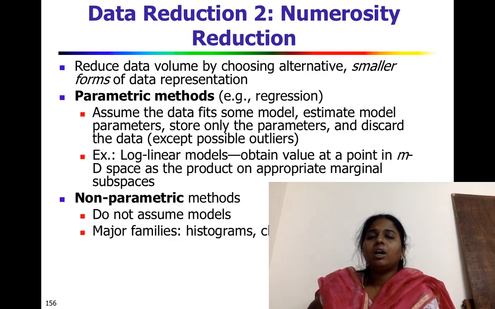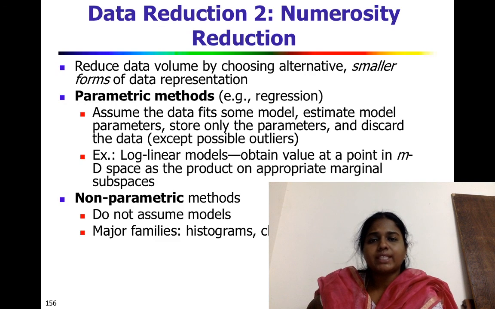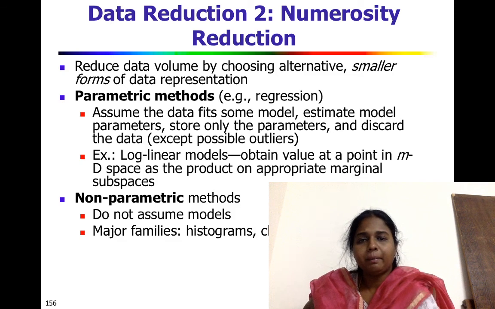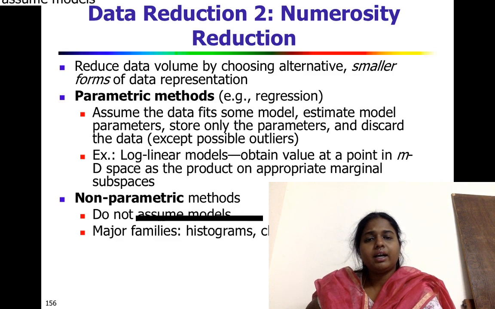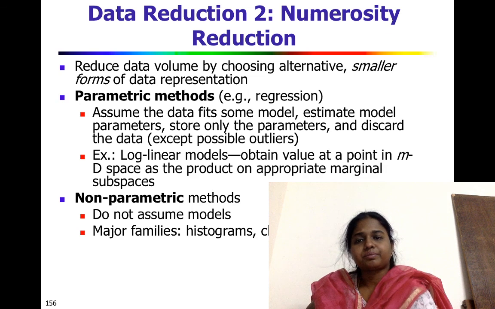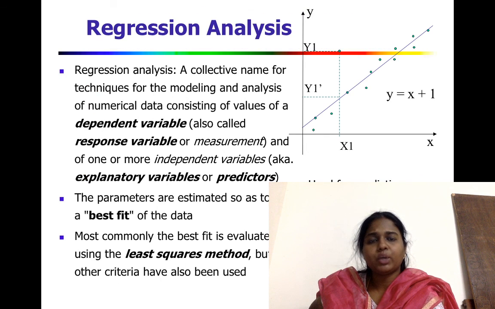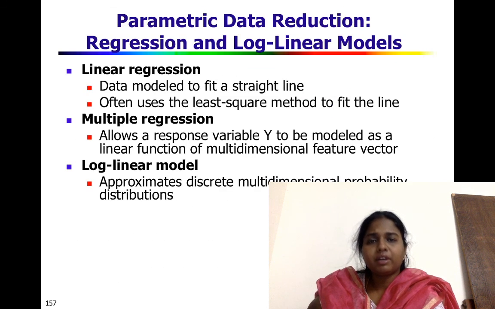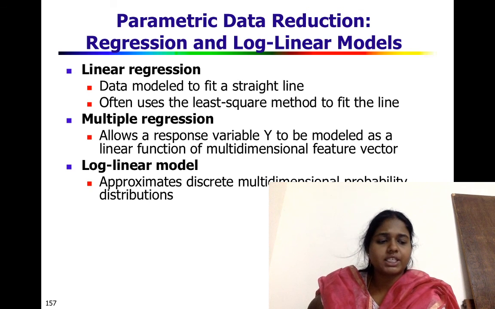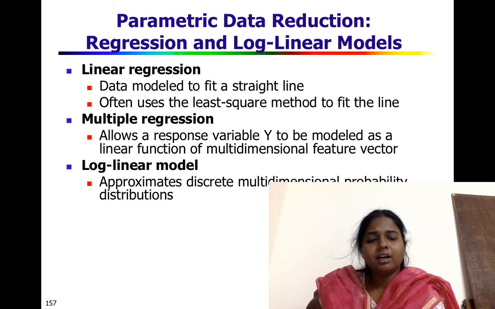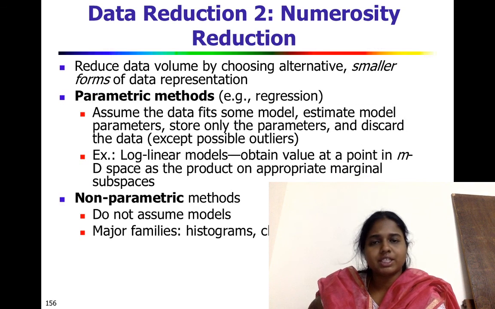Now, we will be looking into examples for each of these regression and log linear methods. There are three forms of regression. We will look into some examples, but for this session, I'm closing it here. I'll be handling regression models and numerosity reduction in the next session.